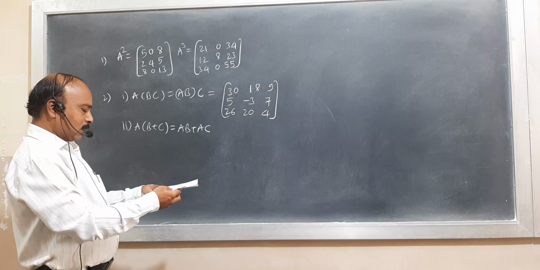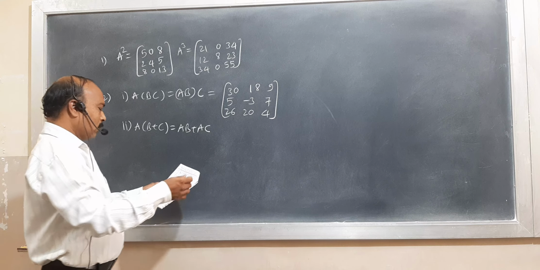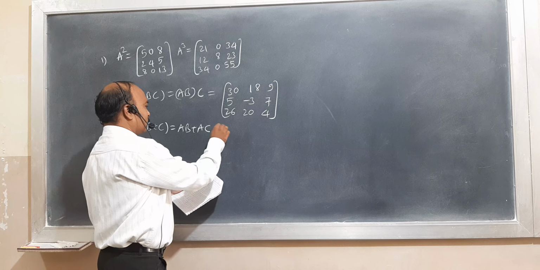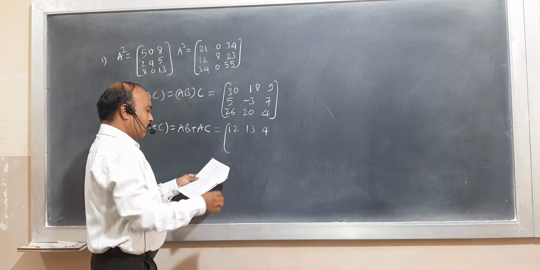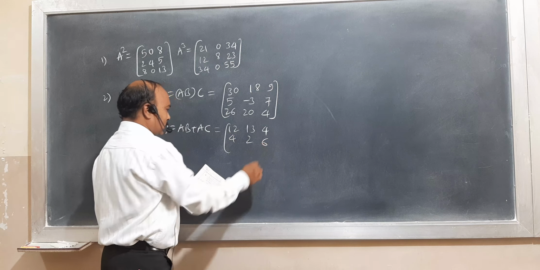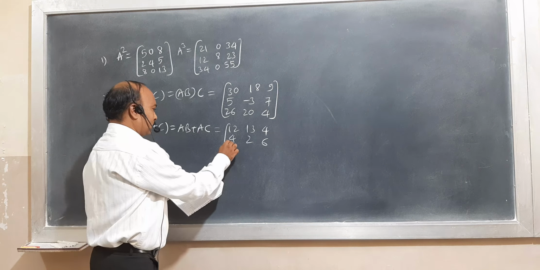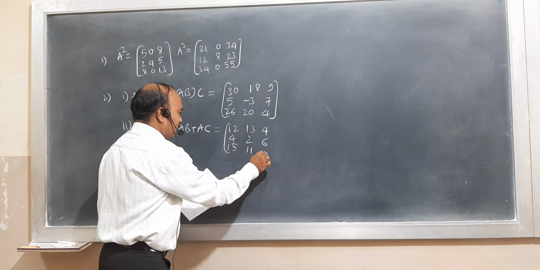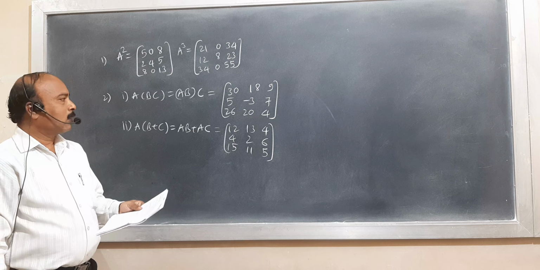This result is 12, 13, 4, second row 4, 2, 6, third row 15, 11, 5. Now you check according to this.